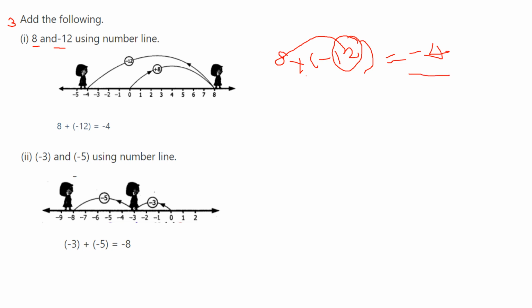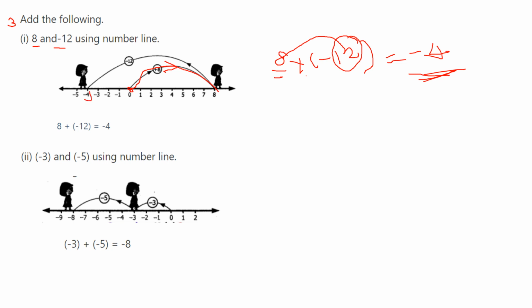So first draw the number line like this. And the first number given is 8. So you always start with 0, 0 to 8. And our answer is what? Minus 4. So put a right arrow, and our answer is minus 4.